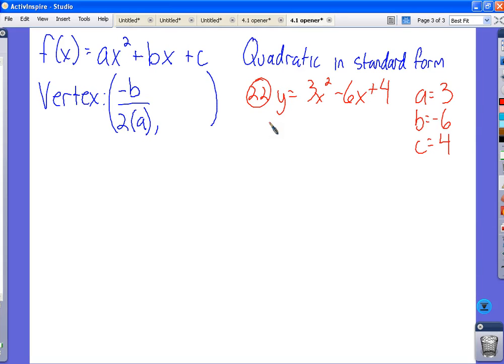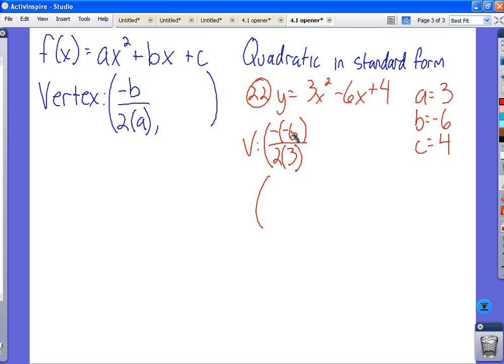So if we're to find the x part of the vertex, we do negative b. What's b again? Negative 6 over 2 times, what's a? 3. Okay, so let's clean this up a little bit.